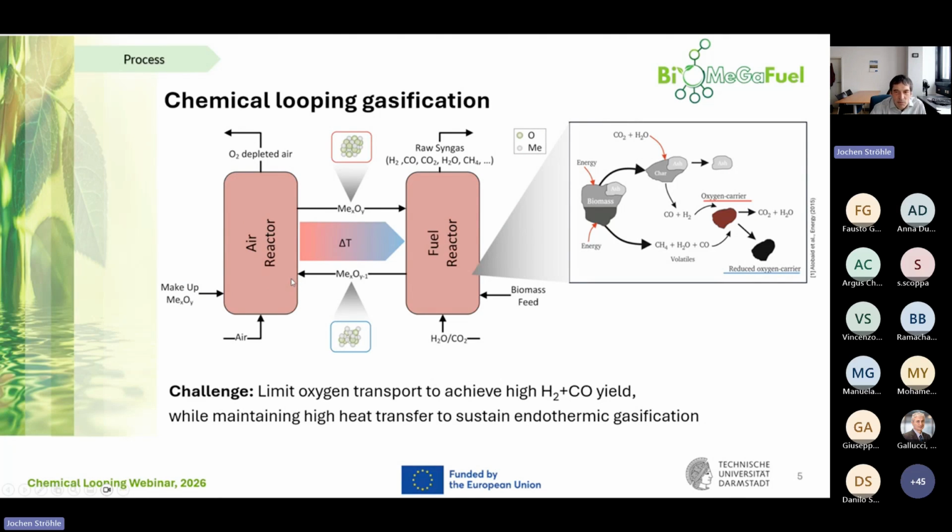In our pilot plant, I will show some results later on, we have faced this by recirculating some of the depleted air, consisting mainly of nitrogen, back to the bottom to maintain a high velocity in the air reactor to enable a high transfer of solids. But this, of course, comes with some energy penalty because we have to heat up this recycled gas again in the air reactor.